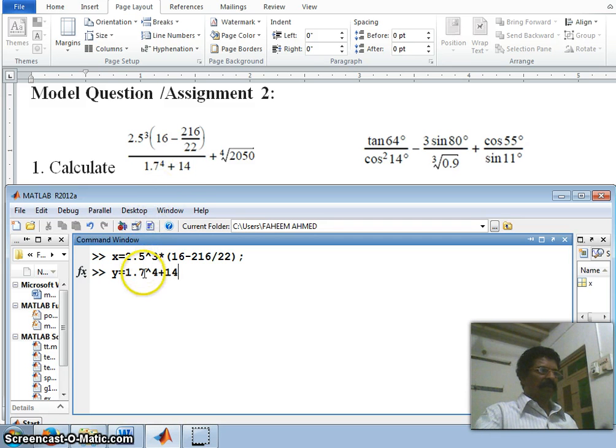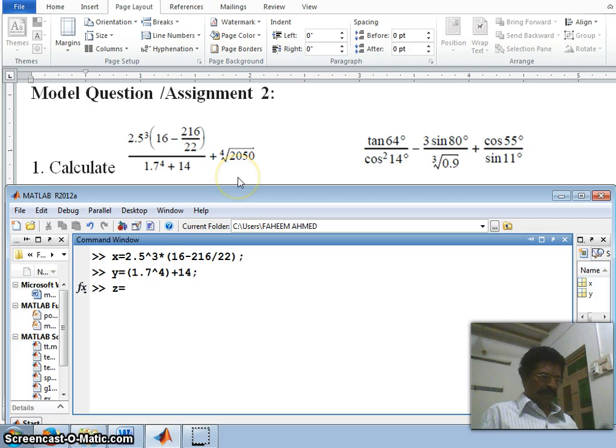In this expression, the exponent has the higher priority, therefore first this one is evaluated. If you have doubt, you can put a bracket around 1.7 raised to the power 4, then plus 14. Even if you omit the bracket, the exponent has the higher priority. Then the value of z, the fourth root of 2050.